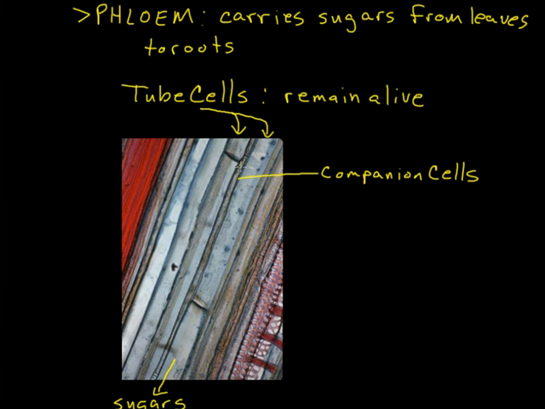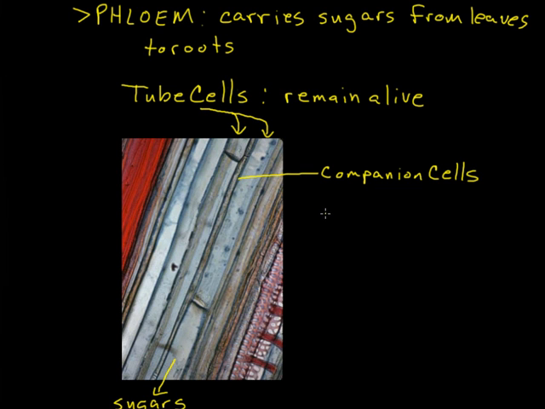They're basically just closely associated with these tube cells. And basically their function is to allow the tube cells to hollow out and have the largest diameter possible for maximum flow. And the reason they can do that is their organelles are stored in these companion cells, and there are numerous plasmodesmata connecting the two cells.